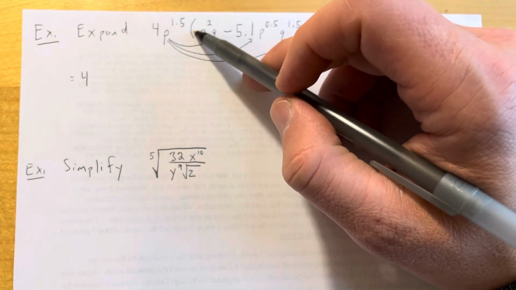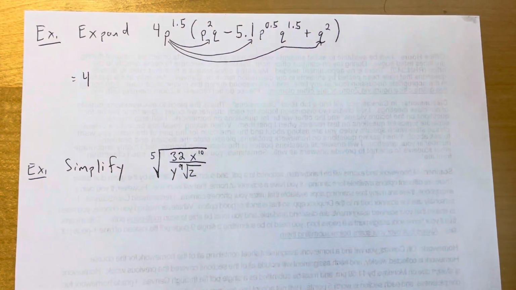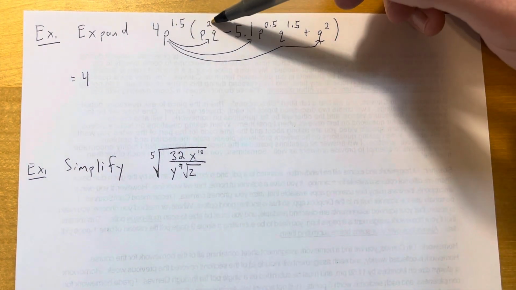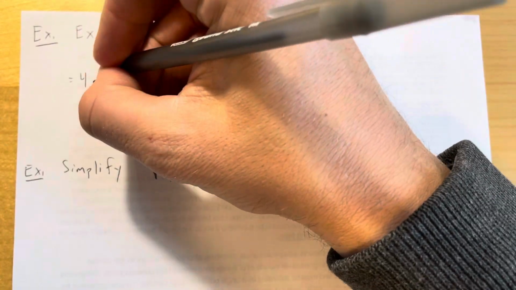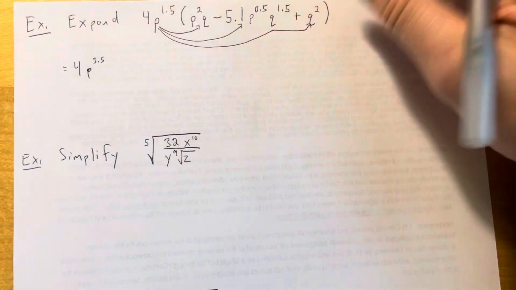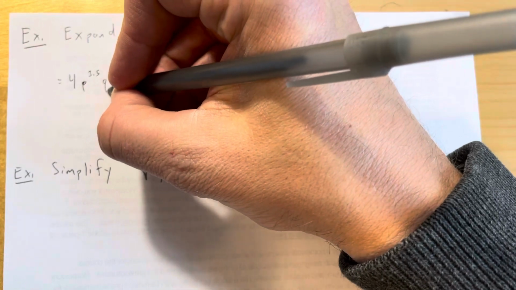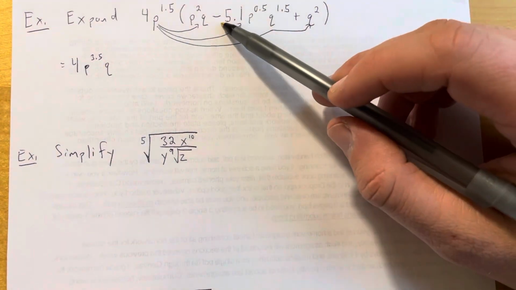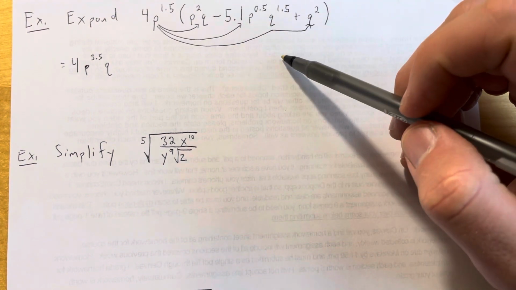And if there are any other p's to an exponent in this expression, I can use my first exponent property to combine them. I can do that here, p squared and p to the 1.5. When I multiply those, I add their exponents to get p to the 3.5 power. This q has no other q's to combine with in this expression, so it's going to stay a q. Okay? The next term is minus 5.1 p to the 0.5 q to the 1.5.